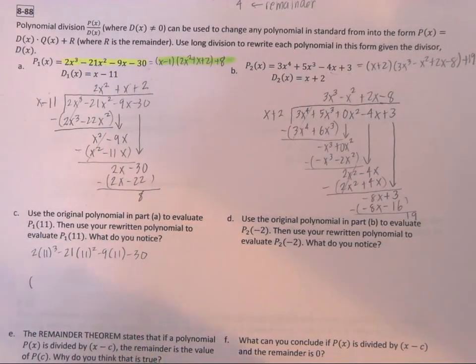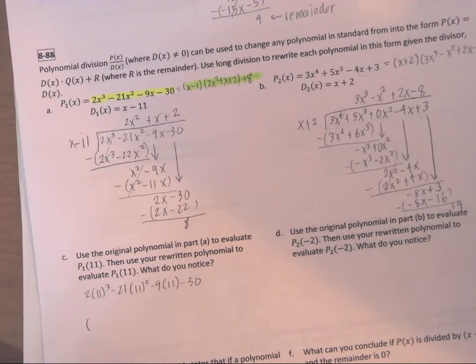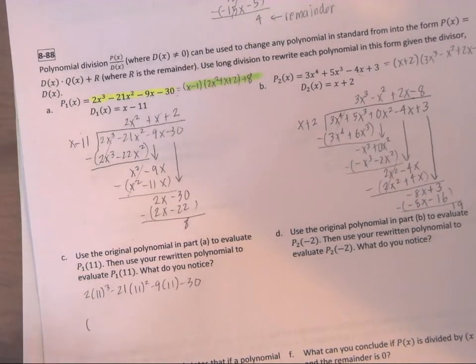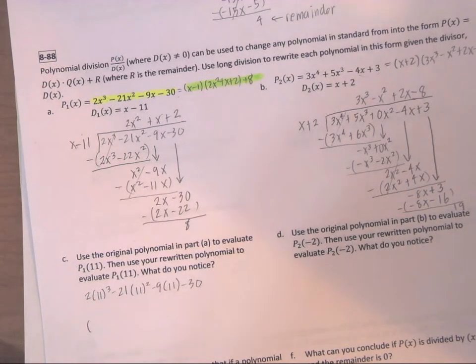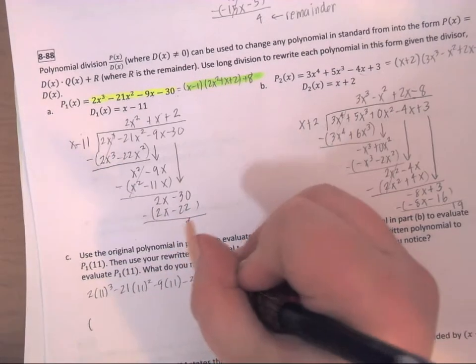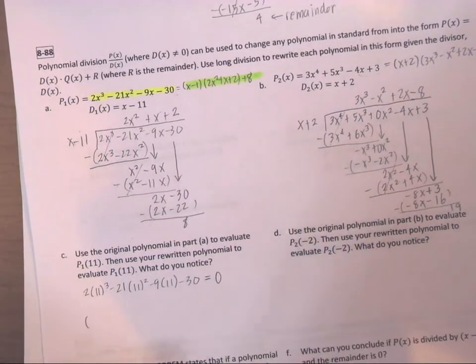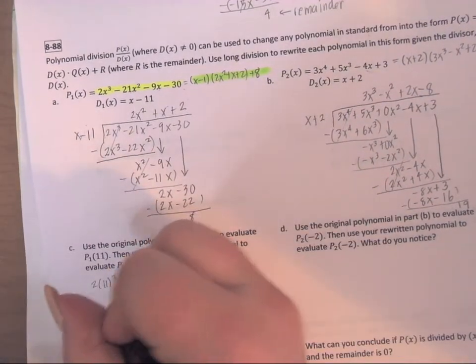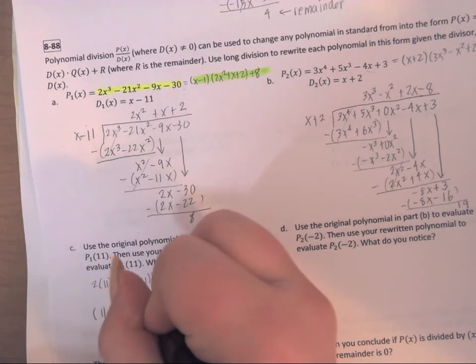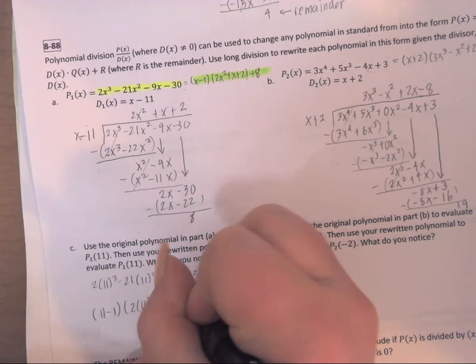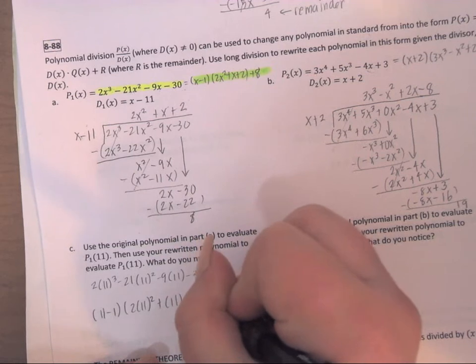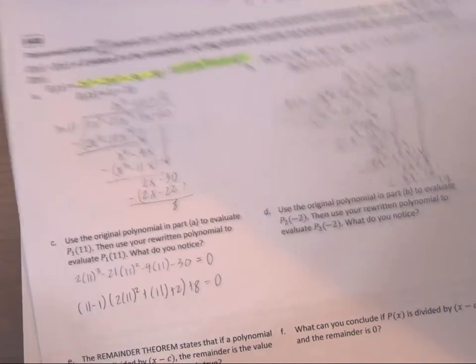Now, since these two are equal, you should get the same thing if you plug in 11. So let's see. If you plug it in your calculator, you're going to get 0. And you plug in 11 minus 11, times 2 times 11 squared plus 11 plus 2, plus 8. You also get 0.